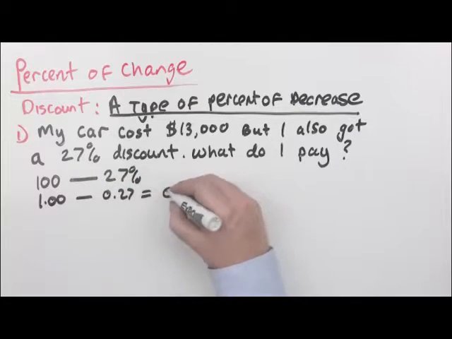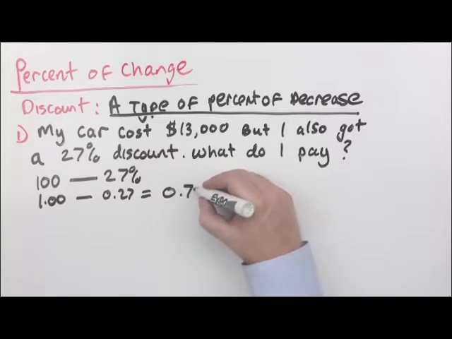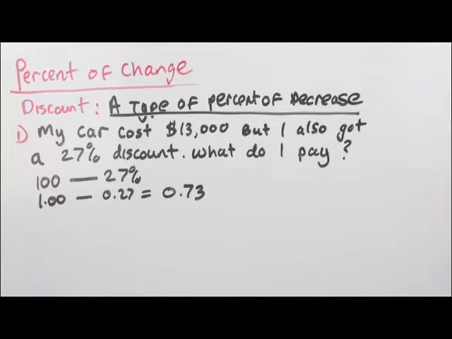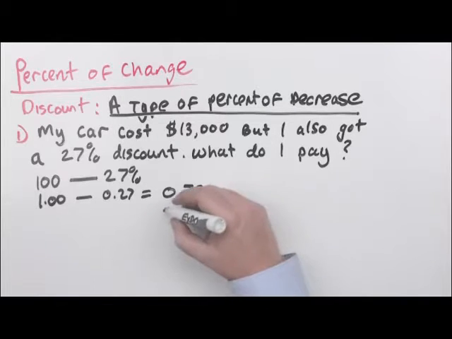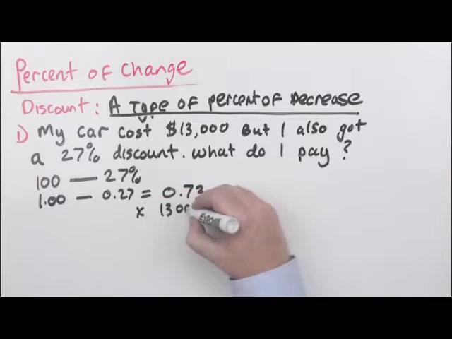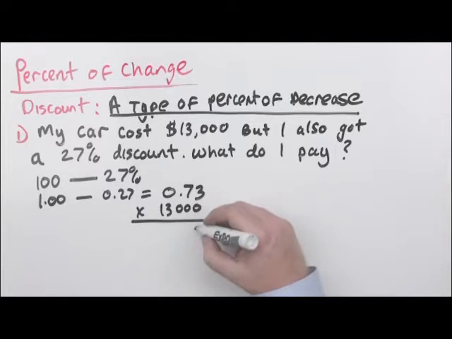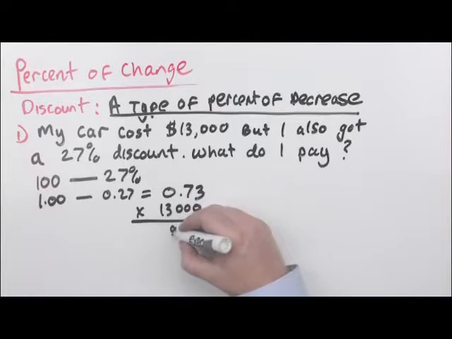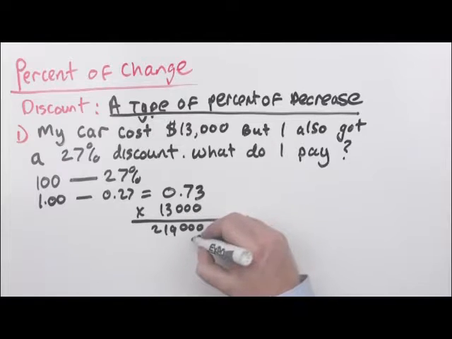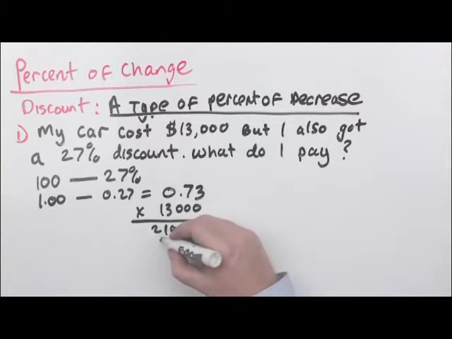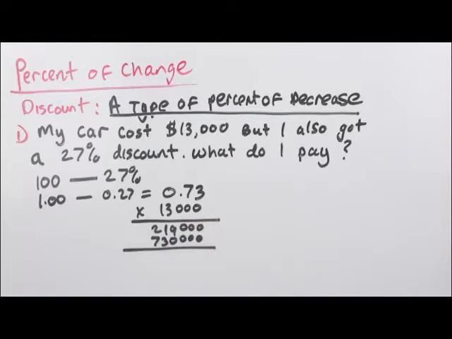So 100 minus 27 is 0.73. Multiply that by my original number. Let's see, I can multiply that by 13,000. Doesn't matter, we can write them in any order. So I'm going to start with 3 zeros here because that's going to make everything 0. That's 9, 21. I'm going to add 4 zeros for the second line. 3.